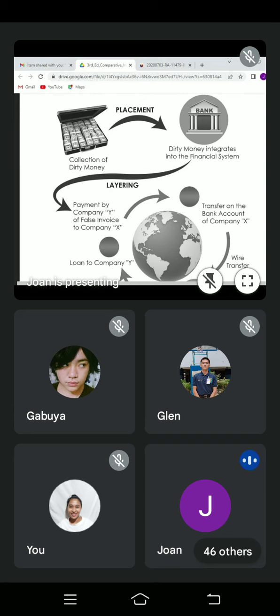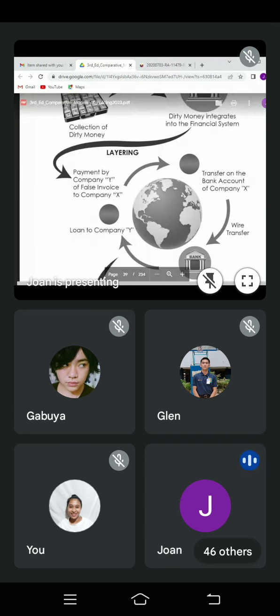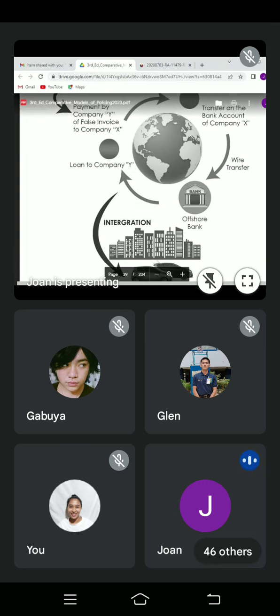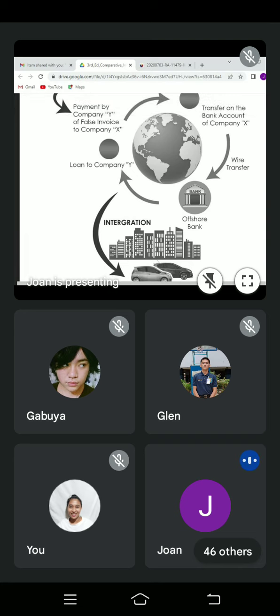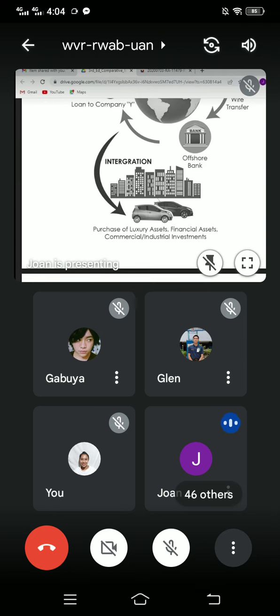Dirty money integrates into the financial system like the bank, and then layering: payment by company Y of false invoice to company X, transfer on bank account of company X, a wire transfer to a bank, which is an offshore bank, and loan to company Y. Okay. Integration: purchase of luxury assets, financial assets, commercial, industrial investment.